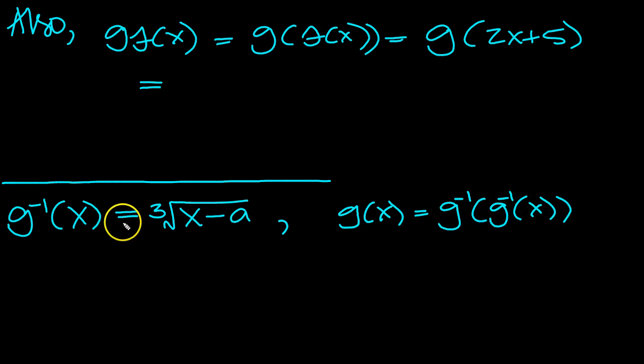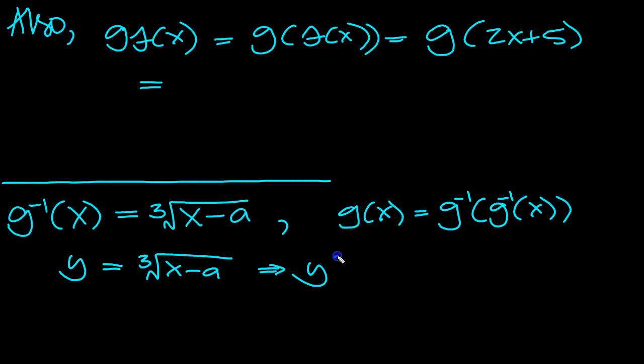So using the same approach, y is equal to the cube root of (x − a). Cube both sides, y cubed is equal to x − a. It's the same process as usual. Rearranged for x, x is equal to y cubed plus a.